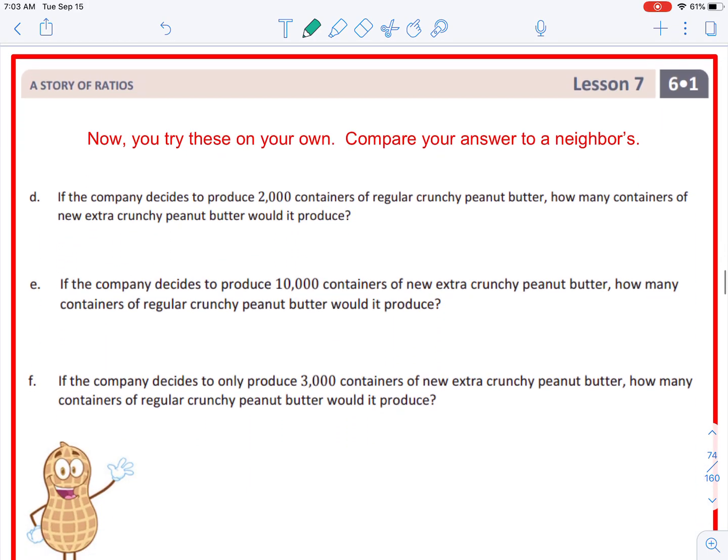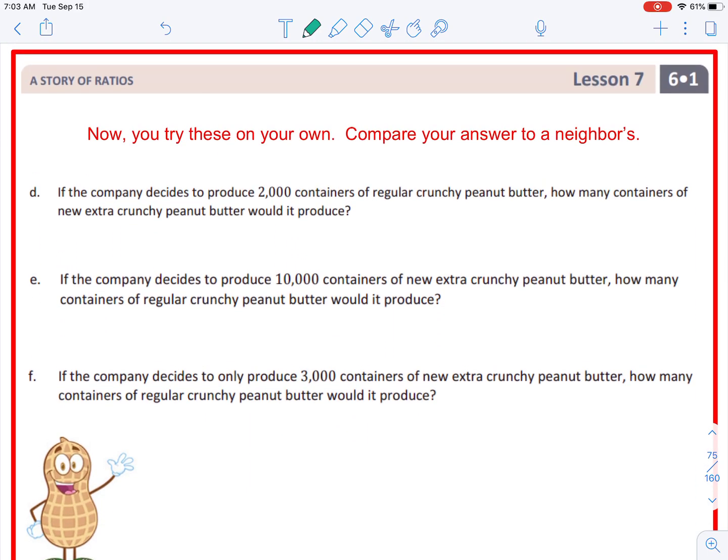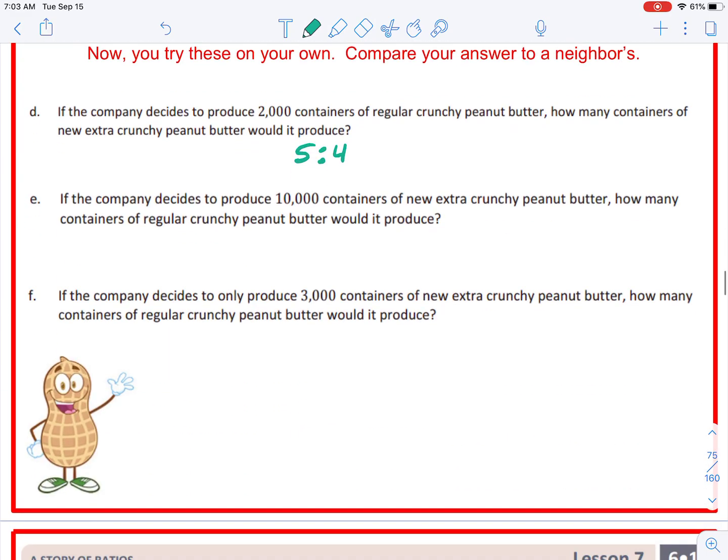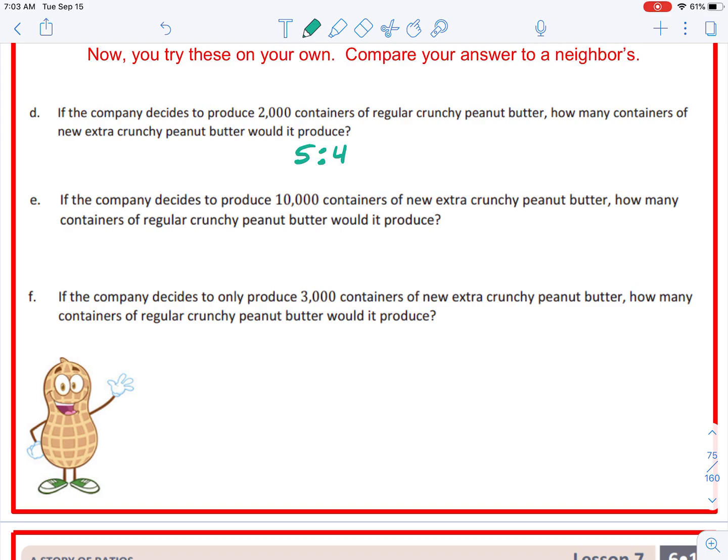So now letter D. If the company decides to produce 2,000 containers of regular crunchy peanut butter, how many containers of new extra crunchy peanut butter would it produce? Well, we're still looking at our ratio of 5 to 4, like we had here, and we're comparing the regular to 2,000.